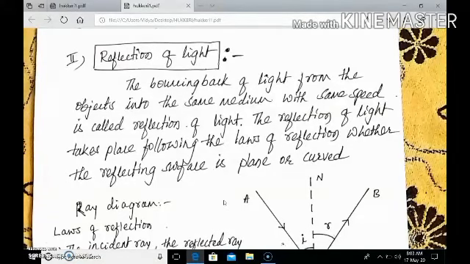The bouncing back of light from the objects into the same medium with the same speed is called reflection of light. The reflection of light takes place following the laws of reflection, whether the reflecting surface is a plane surface or a curved surface.